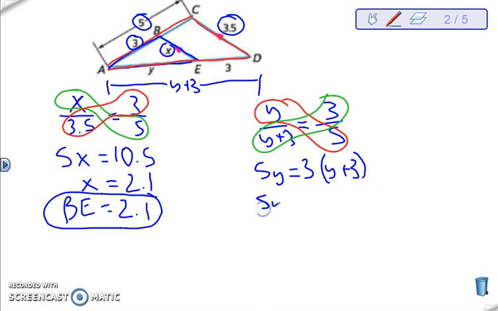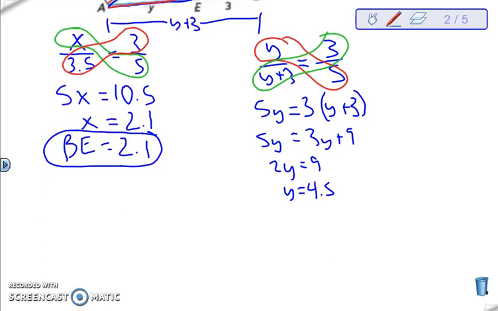So 5y equals 3y plus 9. So 2y equals 9. Y is equal to 4.5. And if we're looking for that whole side length, because it told us to find AD, we're just going to plug it back in. So 4.5 plus 3 equals 7.5. So that'll be the length of AD.